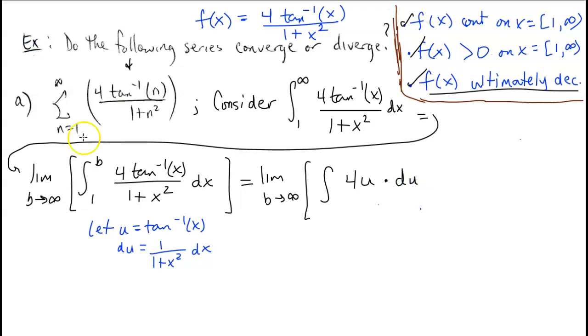Now, we also know here that for our limits of integration, u of 1, if we do tan inverse of 1 here, this is just going to end up being pi over 4 radians. And of course, we know that because this is just like us asking the question, tangent of what angle is going to give you 1, okay?